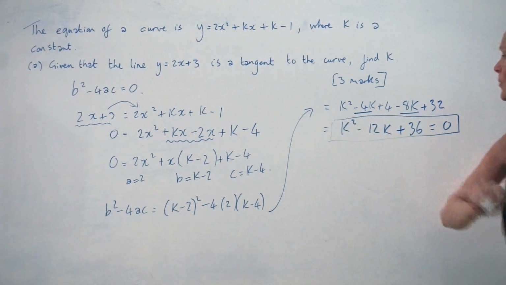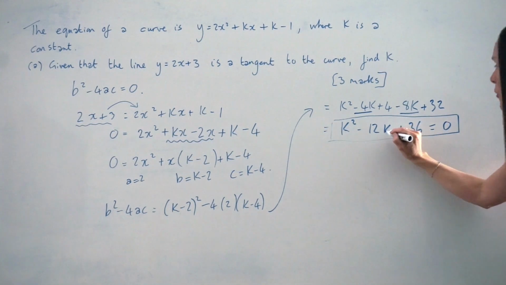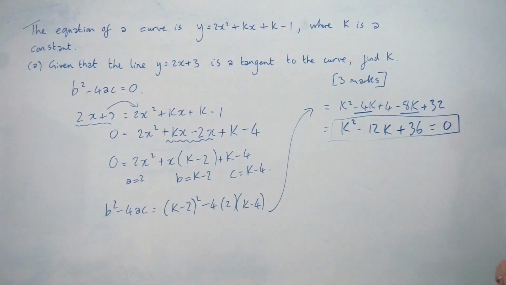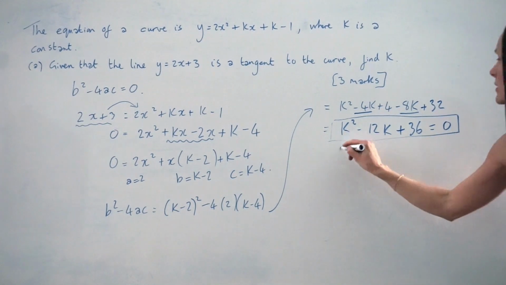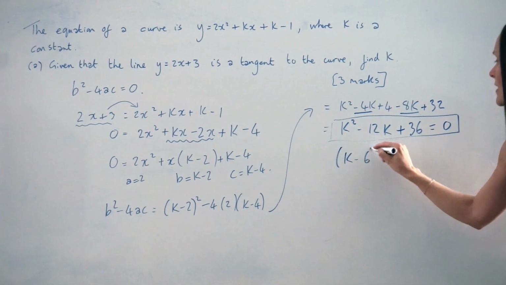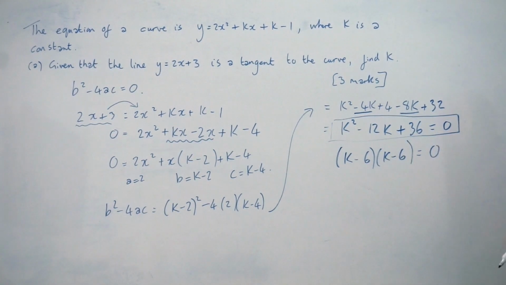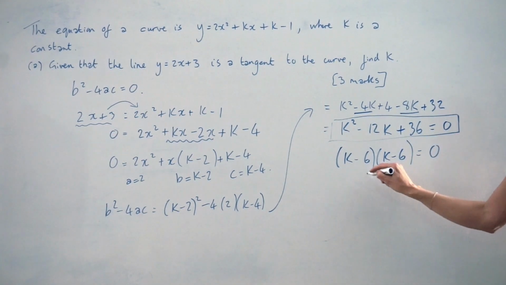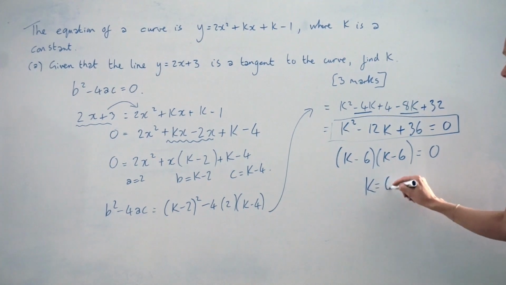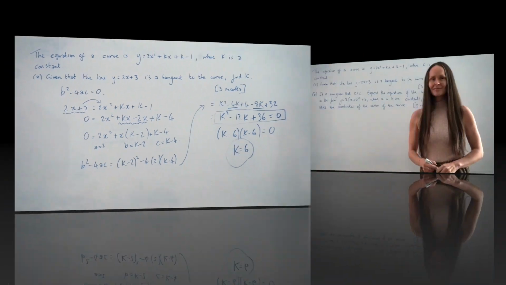The discriminant always equals 0. So we're solving this quadratic equation. So you could use the quadratic formula, or if you like, you can factorize this one. Okay, so if I factorize, I have k minus 6 multiplied by k minus 6 is equal to 0. So you can see there's only one value of k, which is positive 6.